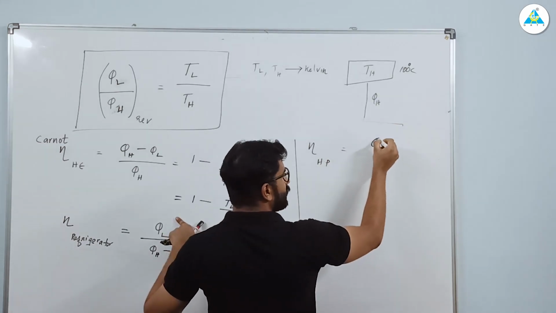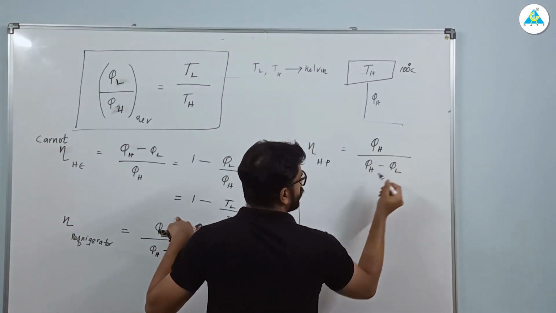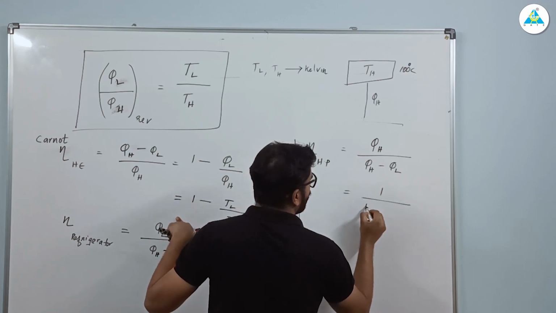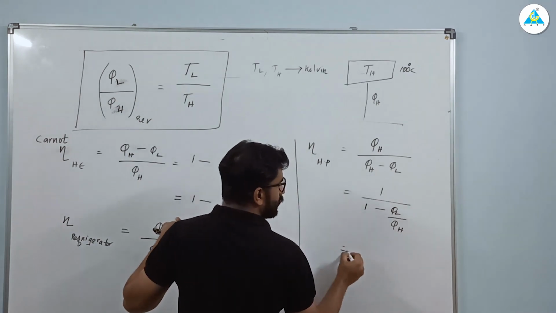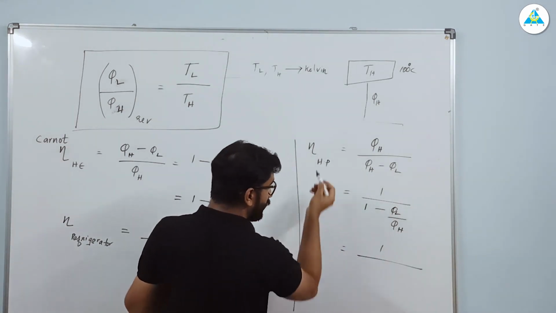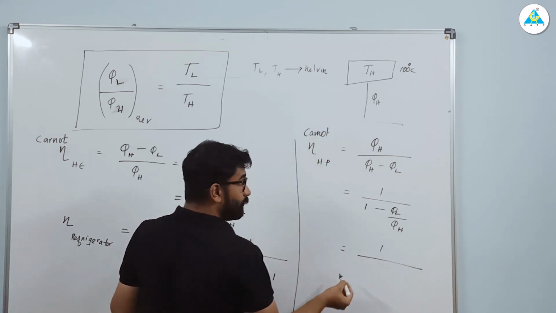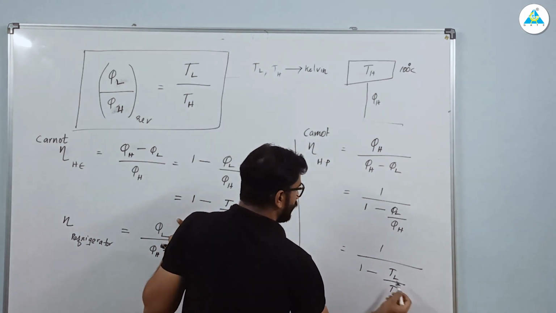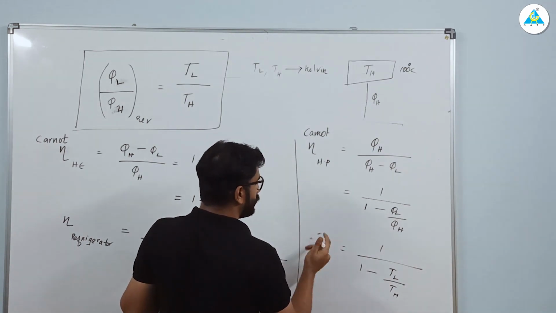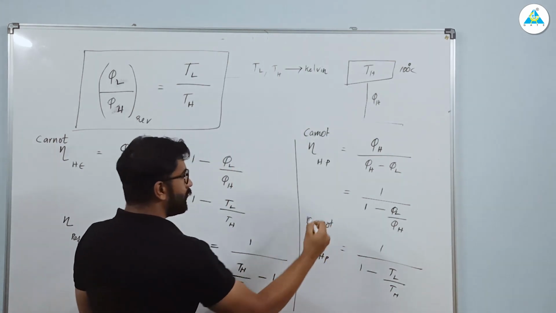For a heat pump, the objective is QH divided by QH minus QL, so the answer is 1 divided by 1 minus QL by QH. For a Carnot or reversible heat pump, we can substitute 1 minus TL by TH. This is the efficiency of a Carnot heat pump.